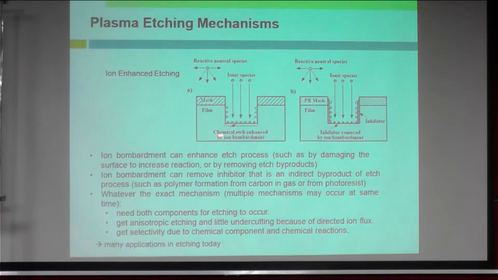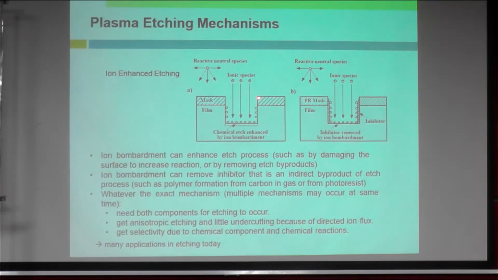So chemical etch is enhanced by ion bombardment, but here the inhibitor is removed by ion bombardment. Ion bombardment can enhance the etch process, such as by damaging the surface to increase reaction or by removing the etch byproduct. So ion bombardment can remove an inhibitor, that is an indirect byproduct of the etching process.